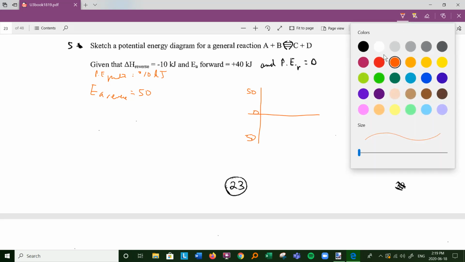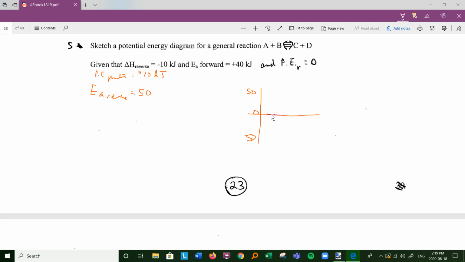Oh, watch this, I'll show off here. There's a different color. Reactants are sitting at 0. Products are sitting at minus 10. Forward activation energy is 40, so the activated complex is at 40. And reverse one is, EA reverse is 50, really? 0 to minus 10. I don't think so. EA reverse is EA forward, which is 40, minus negative 10, 50.